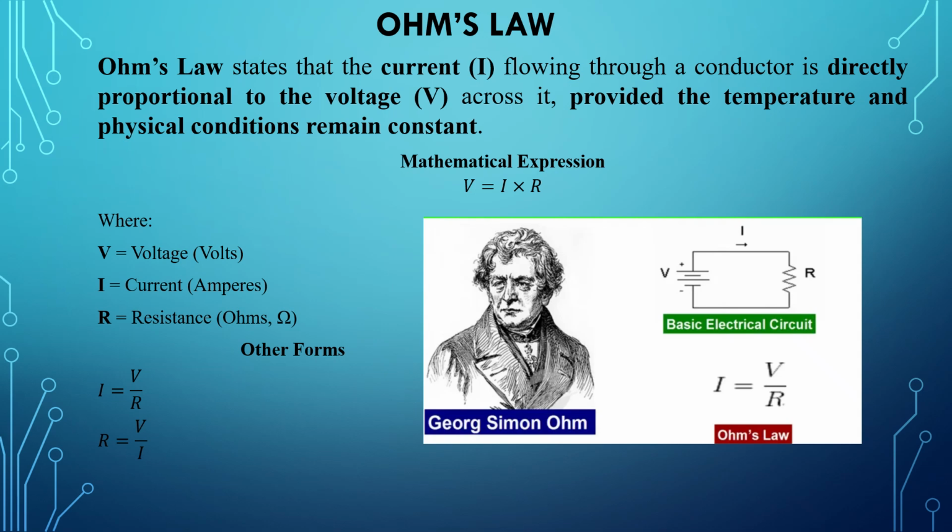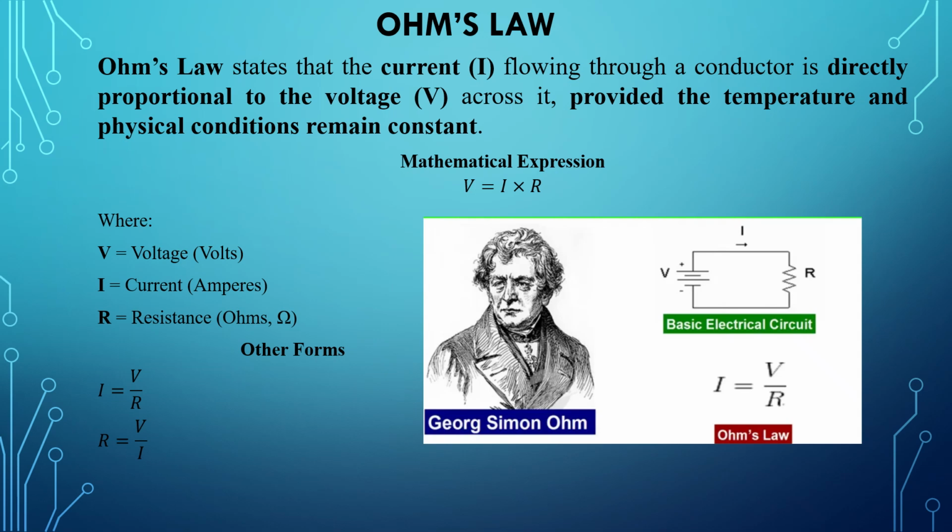So relate these three things with the water system. Your voltage can be related with water pressure in the pipe. Your current can be related with the flow of the water from the water tap, and your resistance can be related with tap opening and closure. So hope you will understand this.